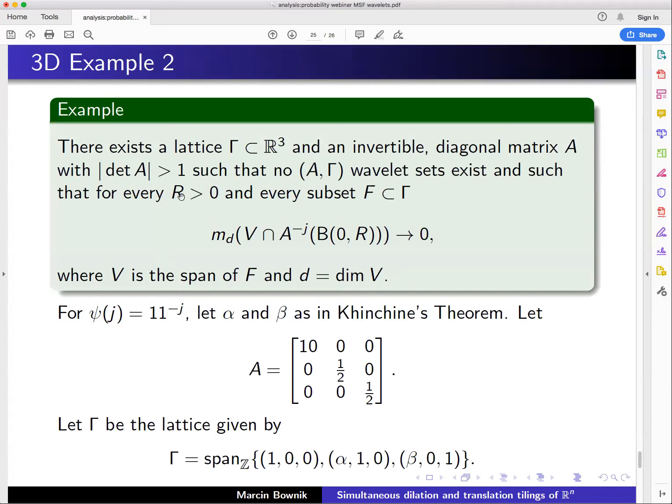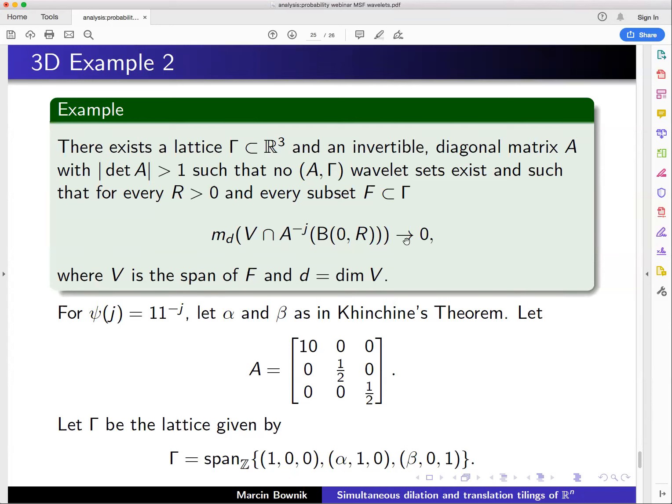Okay, so now another 3D example, and maybe the last one that I wanted to show you is the following. This volume condition is really not the right way of characterizing, because you can find a lattice gamma in R3 and an invertible diagonal matrix A with determinant of A bigger than 1, so that no A gamma wavelet set exists, despite the fact that for every subset F, when you look at V, the span of F, you look at the lattice subspace and see what is the dimension of the intersection of this lattice with the negative dilation.